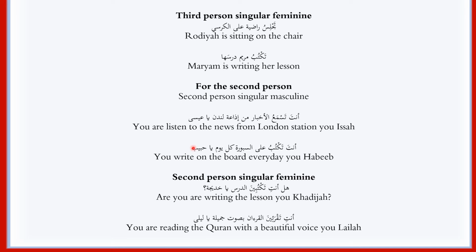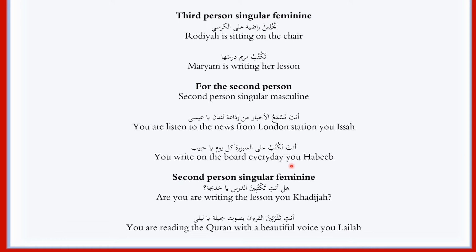You write on the board every day, you Habib. You see that this time they are used for the second person. If there's nothing joined to the end of the fi'l mudari and there is ta at the beginning of the fi'l mudari, it can either be used for second person singular masculine or third person singular feminine.